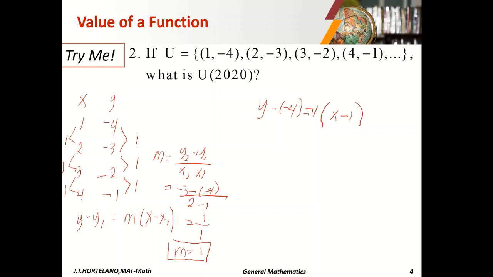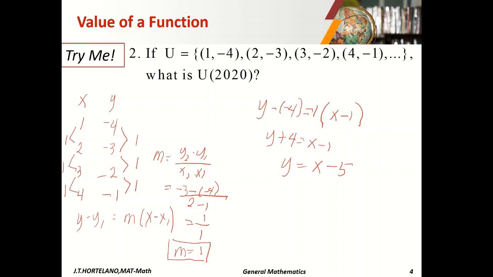So, simplify, y minus -4 is y plus 4 is equal to 1 times x minus 1. Any number or any expression multiplied by 1 will be the same. It stays x minus 1. Then, simplify, y is equal to x minus 1 minus 4. So, this will become x minus 5.